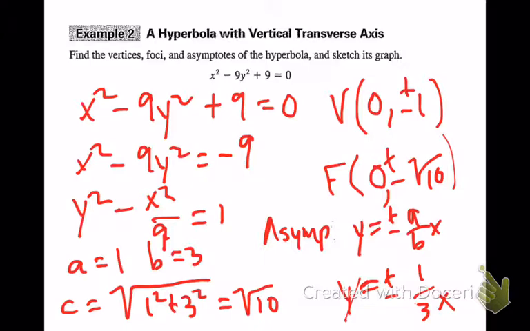Yeah? How was a equals 1 and b equals 3? I thought a was the greater value.